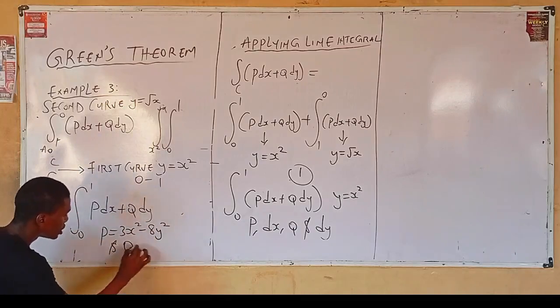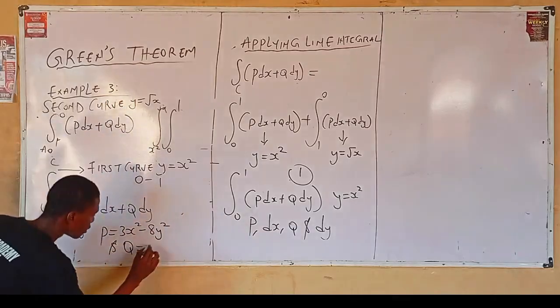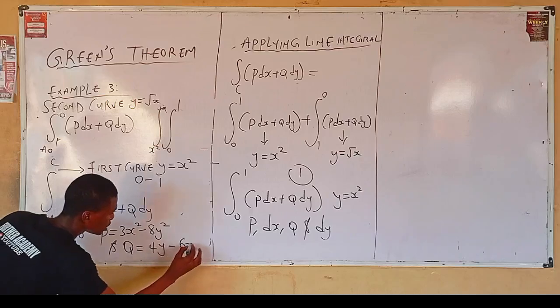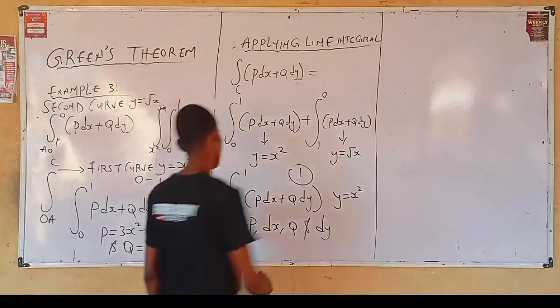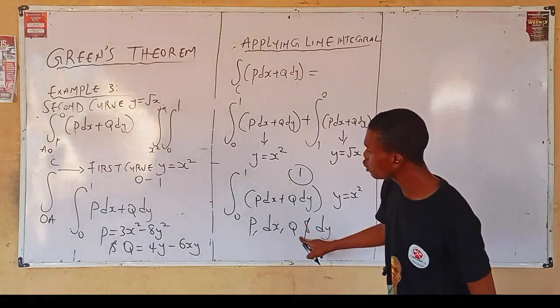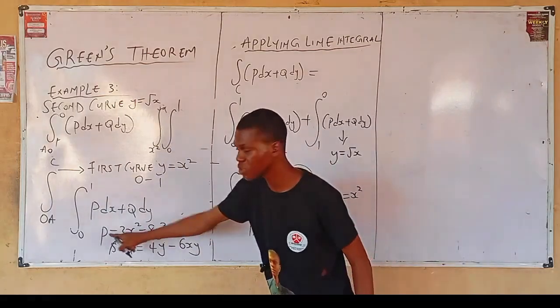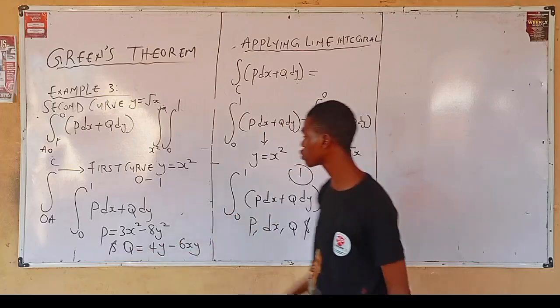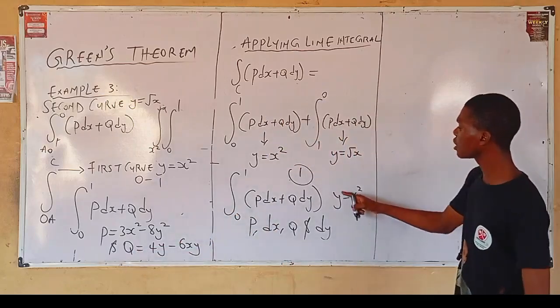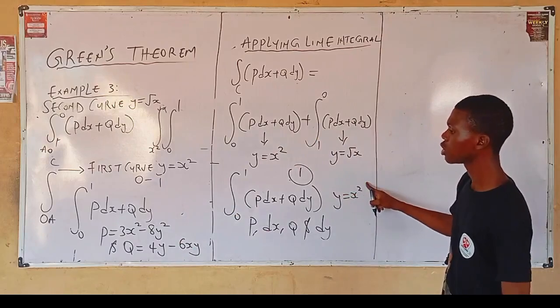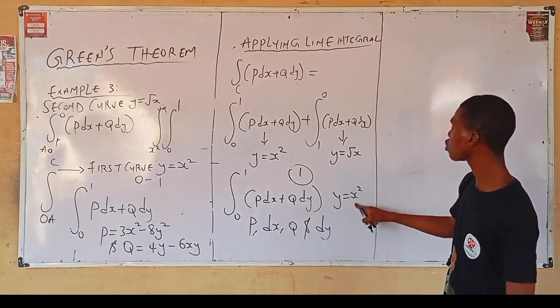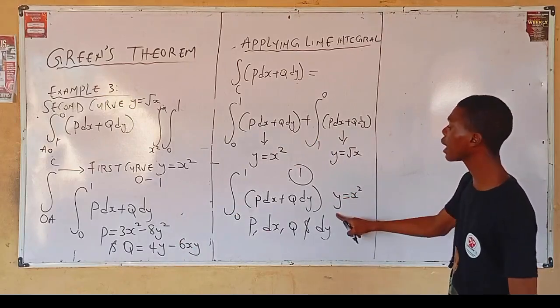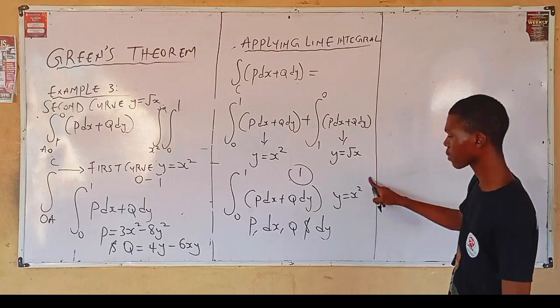And q, the second vector field, is given as 4y minus 6xy, right? Now p and q must be expressed as functions of x. Since y is equal to x squared, anywhere I see y, I'm going to substitute x squared, right?